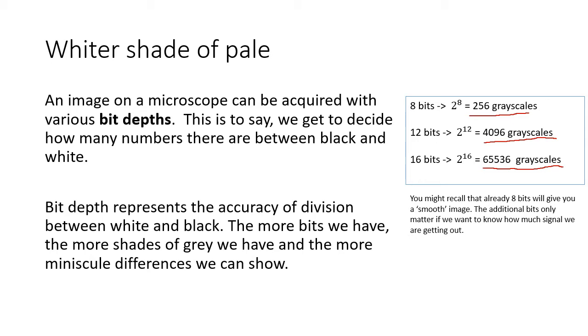The additional bits only matter if we are actually measuring the signal somehow. The bit depth represents the accuracy of division between white and black. The more bits we have, the more shades of gray we have, and the more minuscule differences we can show.